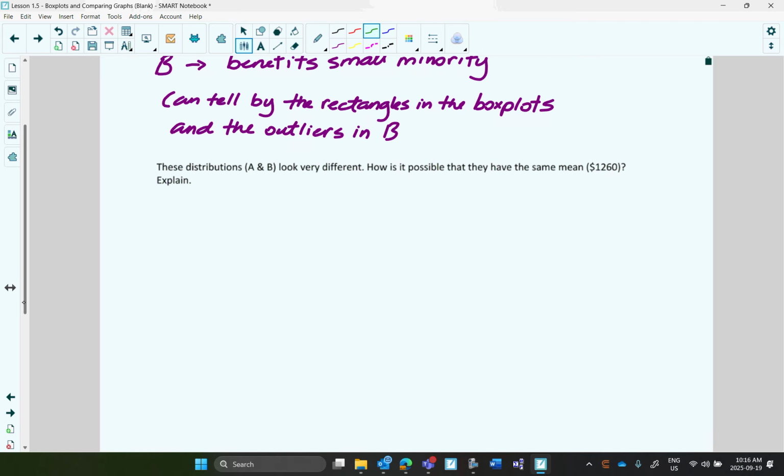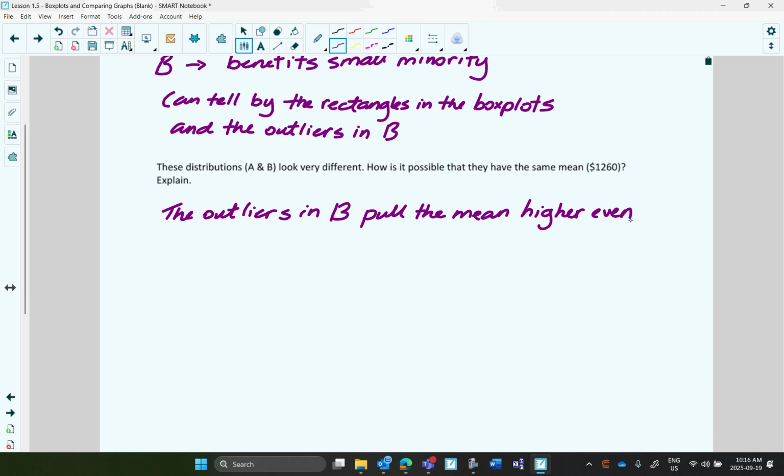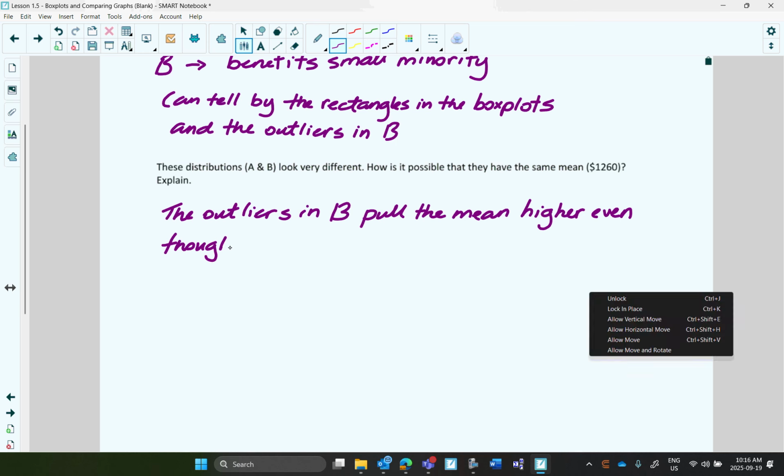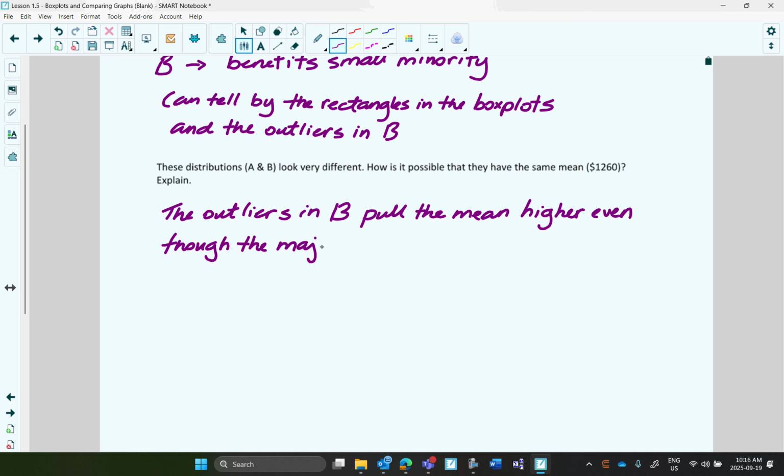So that's how we would answer it. You should be familiar with how to answer something like this. So the outliers in B pull the mean higher, even though the majority of the distribution in B is below 1260.